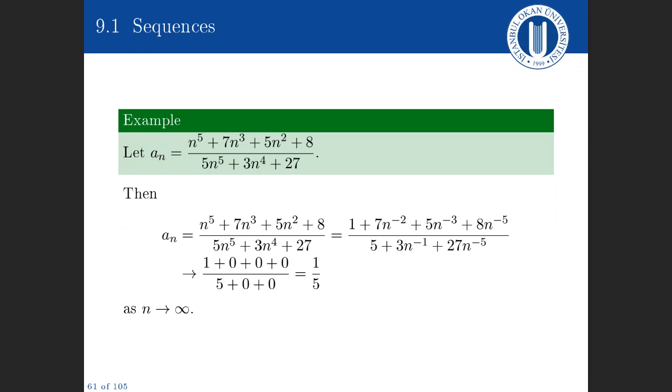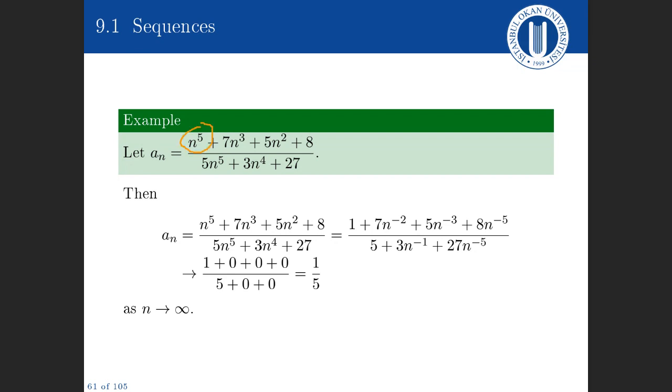Let a_n be (n to the power 5 plus 7n cubed plus 5n squared plus 8) divided by (5n squared plus 3n to the power 4 plus 27). Find the limit. The biggest term is n to the power 5.